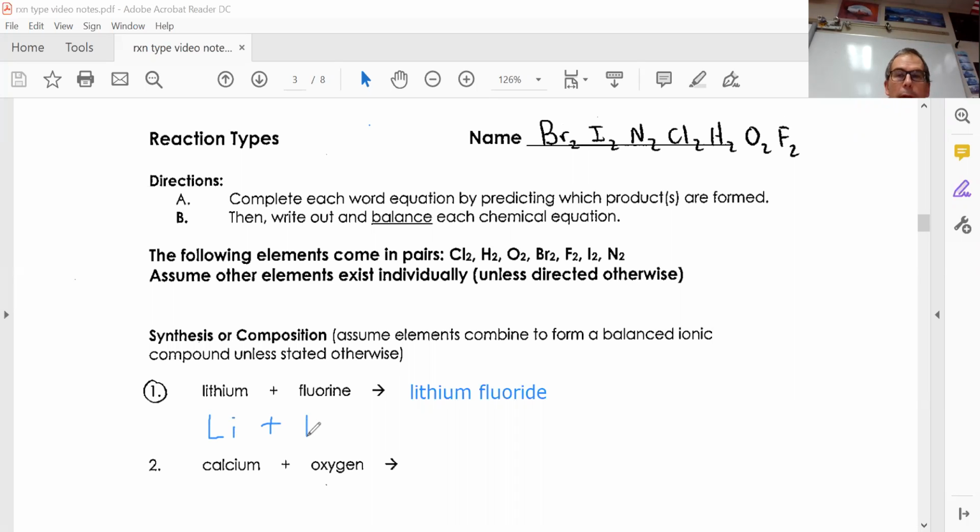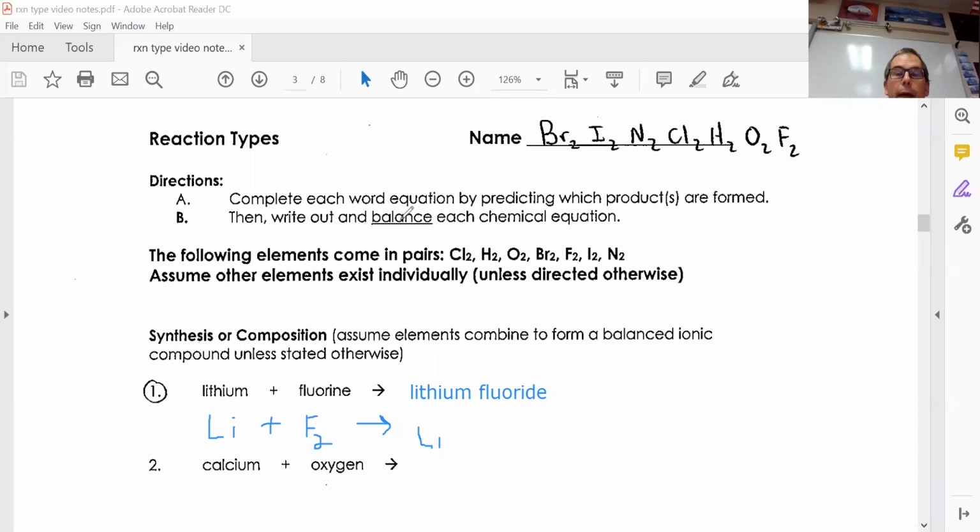Fluorine is part of Brinkelhoff, so we better pair that one up. And then we got to go lithium fluoride. So I'm going to do an Li plus an F. Whoops, I'm sorry, I don't need to do that. They're a compound, not separate things.